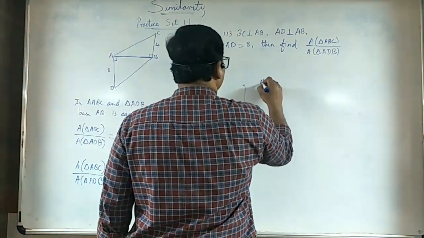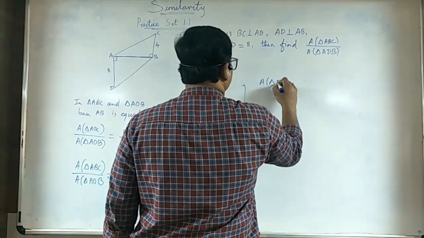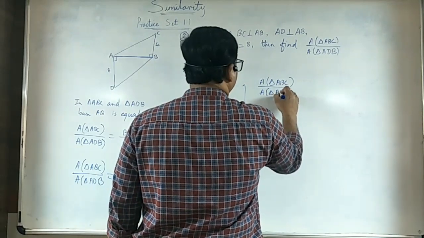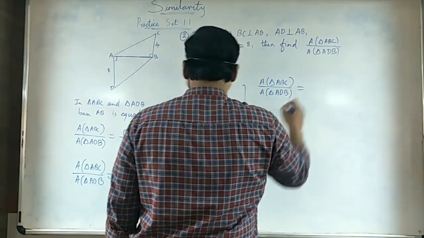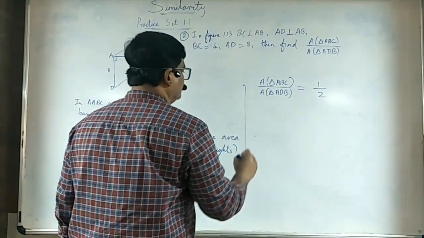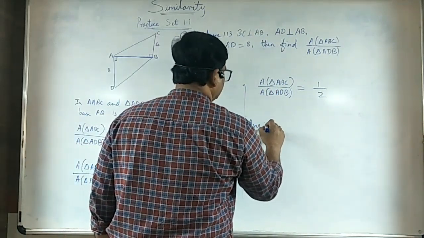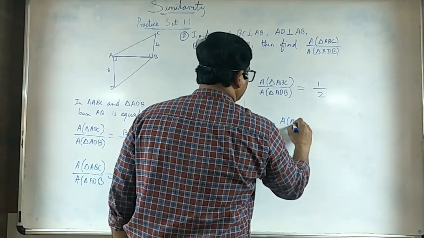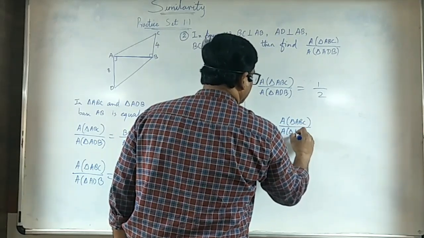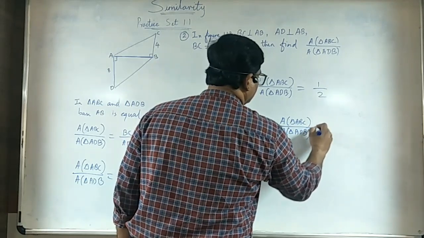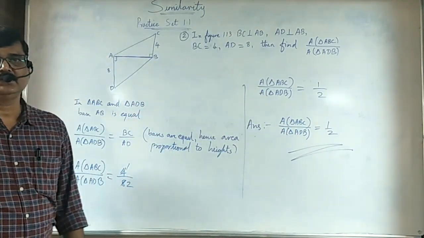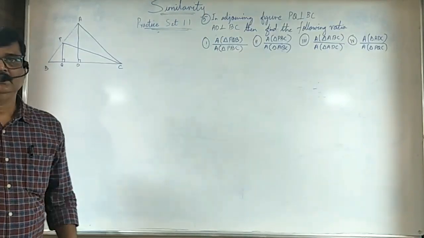So you will be getting area of triangle ABC upon area of triangle ADB equal to 1 upon 2. And therefore the same thing you have to write in the final answer: area of triangle ABC upon area of triangle ADB is equal to 1 by 2. And that's what we finish, second sum.